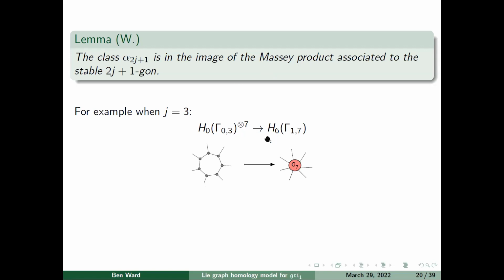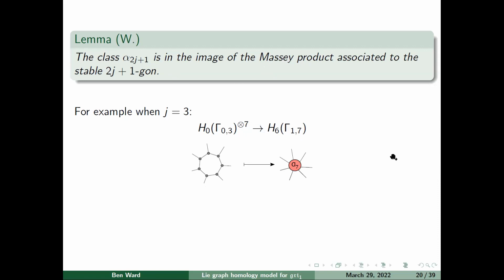So I've described for you, or at least told you, that there exists this class alpha 2j plus 1 here. So it makes sense to say that this guy, which is just sort of the ground field, which is just Q, sends 1 to this class alpha 2j plus 1 in H6. So that's a calculation.